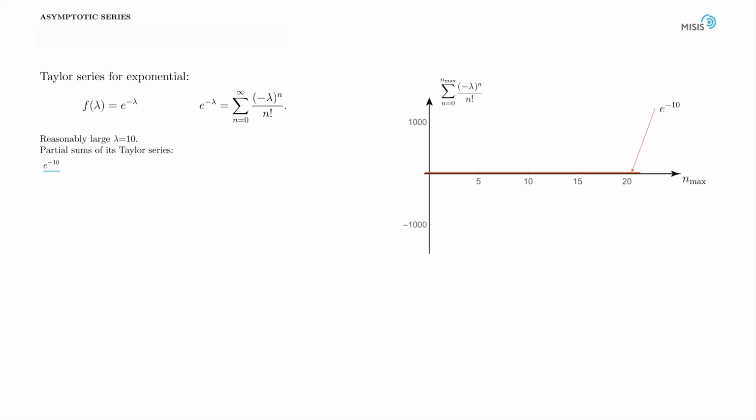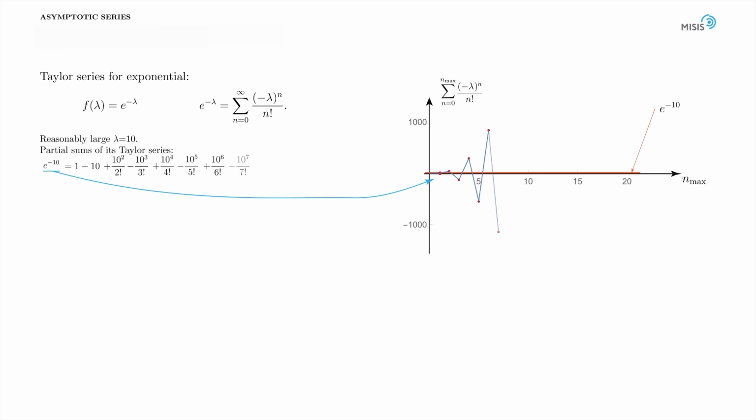We plot the value of the sum of 1 and the first non-trivial term in the expansion, which is minus 10. It is this red dot. Next comes the second non-trivial term, which is 10 squared divided by 2 factorial. Then the third one. And we see what's happening. The partial sum yields an oscillating result, and oscillations get bigger and bigger when we add up higher power terms.